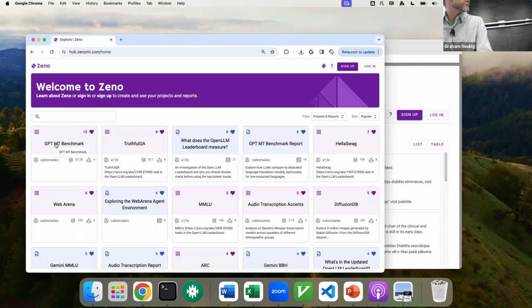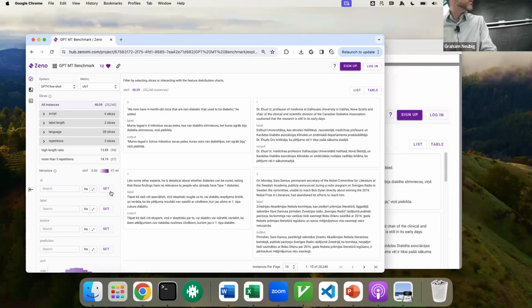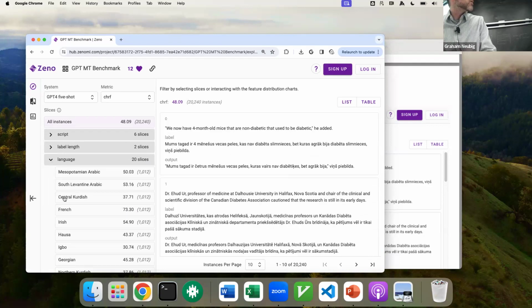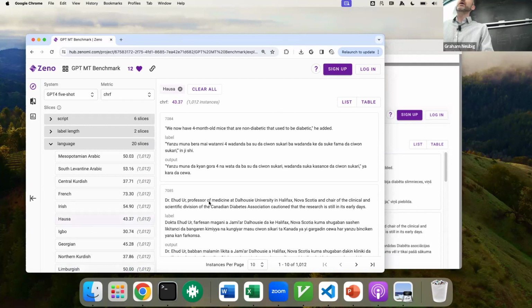And this is just an example from machine translation. It's being a little bit slow. But basically, it allows you to look at the data on the right side. These are just examples. But you can go in and say, okay, I want to look at all machine translation examples from Hausa, and it shows you all the ones from Hausa.